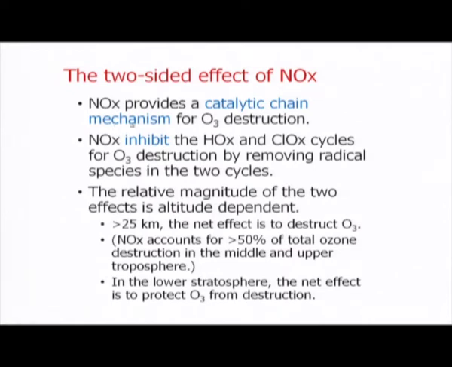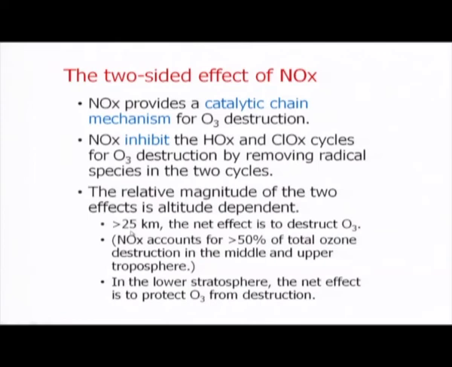NO provides a catalytic chain mechanism for ozone destruction, because we have seen there are 3 ways it can be brought about, one being the nitrogen oxide route. Also, it inhibits the hydroxyl radical and chlorine oxide species responsible for destruction by removing radical species in the 2 cycles. So, it acts as a chain carrier as well as an inhibitor.